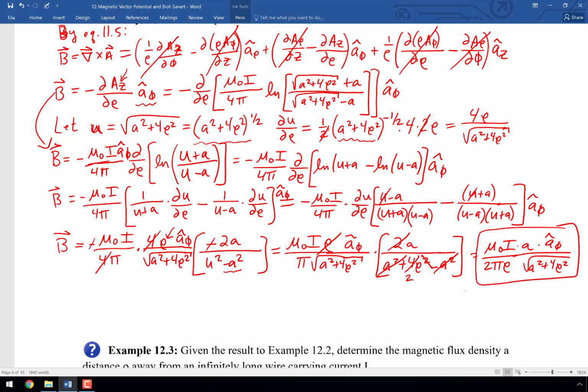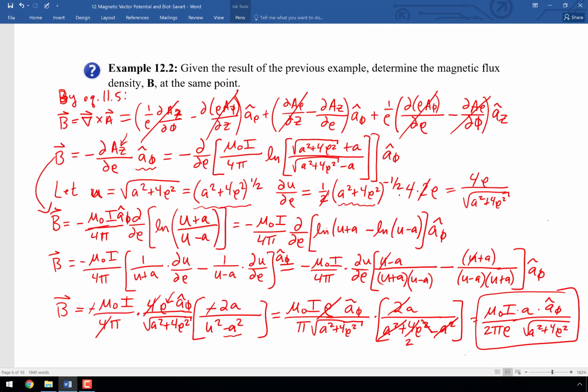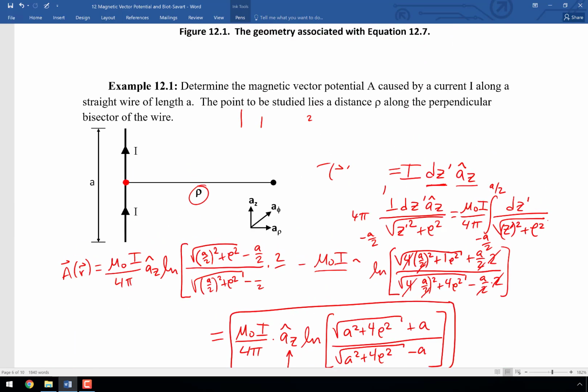Now let's just double check a couple of things. First of all, we should be able to use the right-hand rule to determine the direction that this magnetic flux density should be going. This calculation has just shown us that it's in the a sub phi direction, but let me scroll back up here and look at the picture.